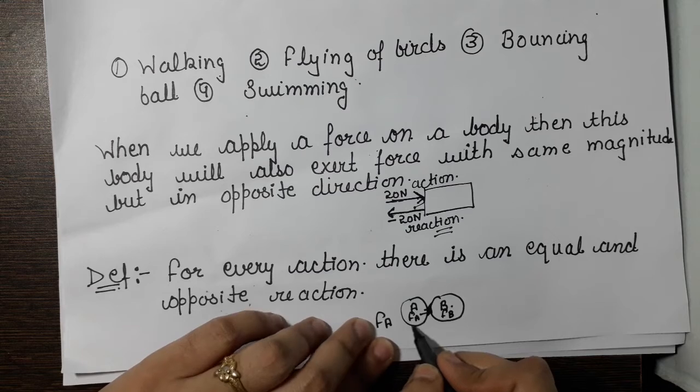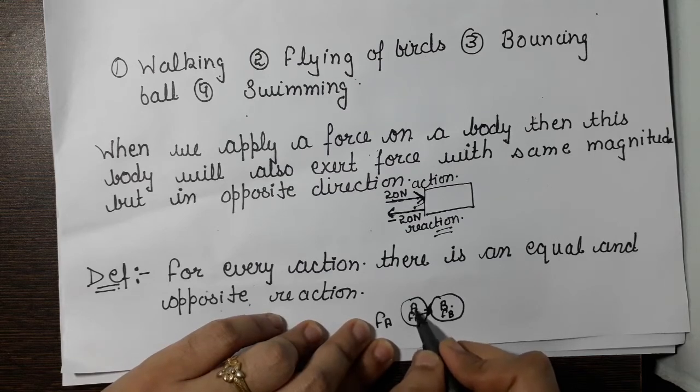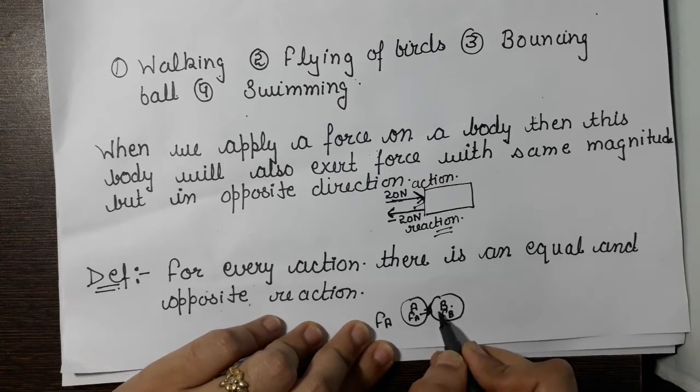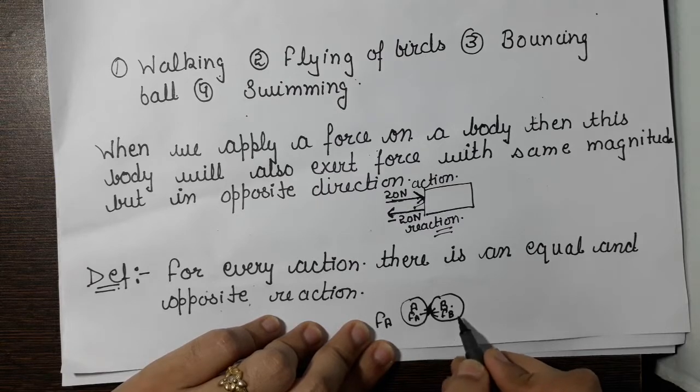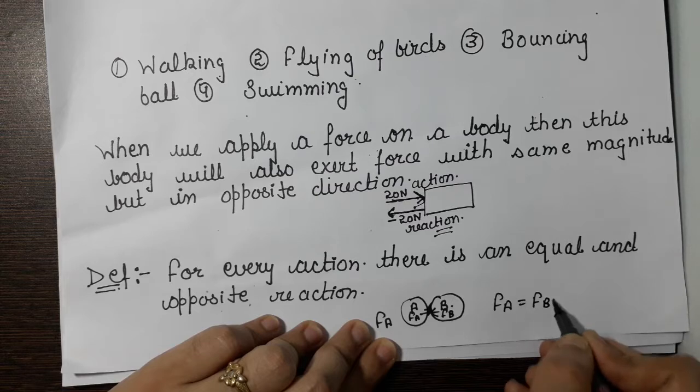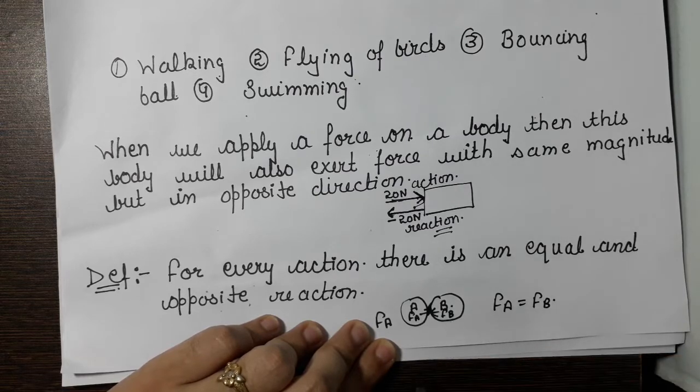So Fa is the force applied by body A on body B, and Fb is the force applied by body B on body A. Fa and Fb will be equal in magnitude, but the direction will be opposite.